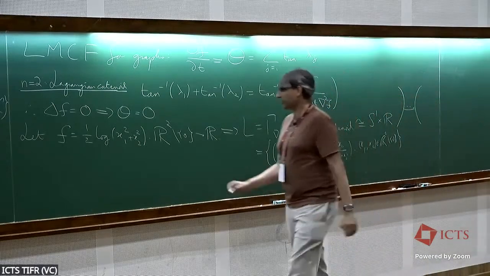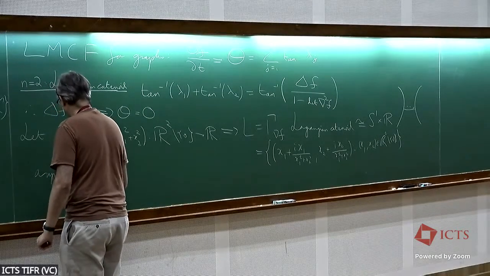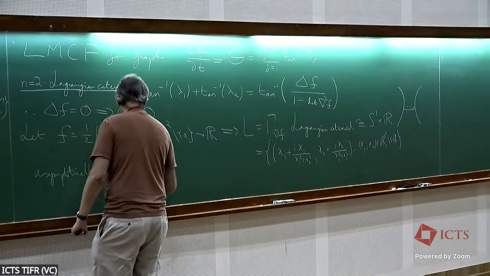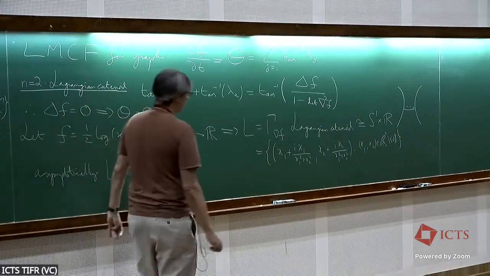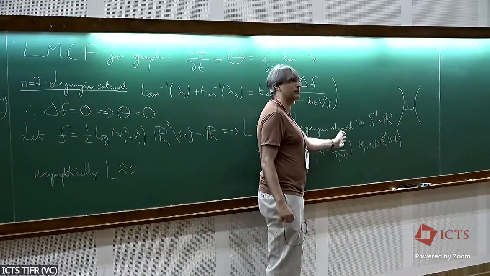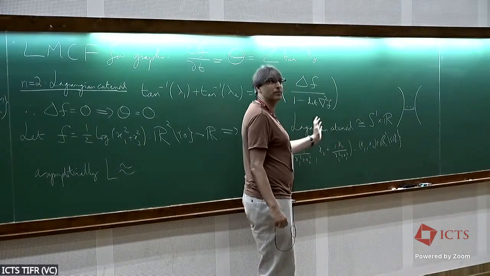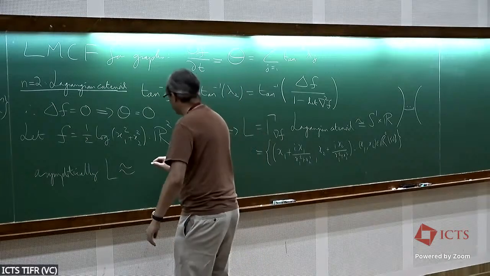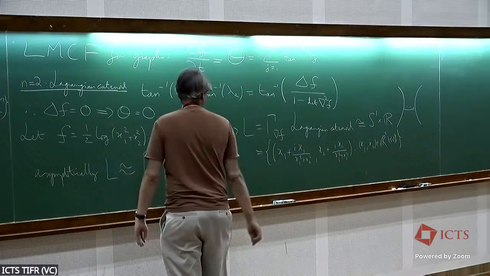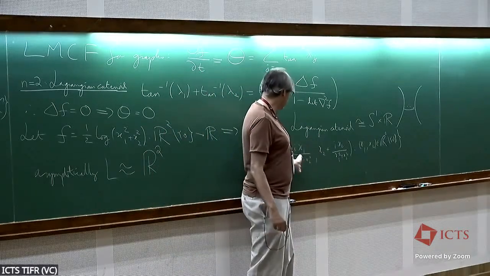And so asymptotically, L looks like, well, if I make x1 and x2 both very large, then this term goes to 0, this term goes to 0. So it's just the real R2. It's just the real R2. So this looks like R2 inside C2. And if I make x1 and x2 very, very small, then these go to 0, but these are going to infinity.